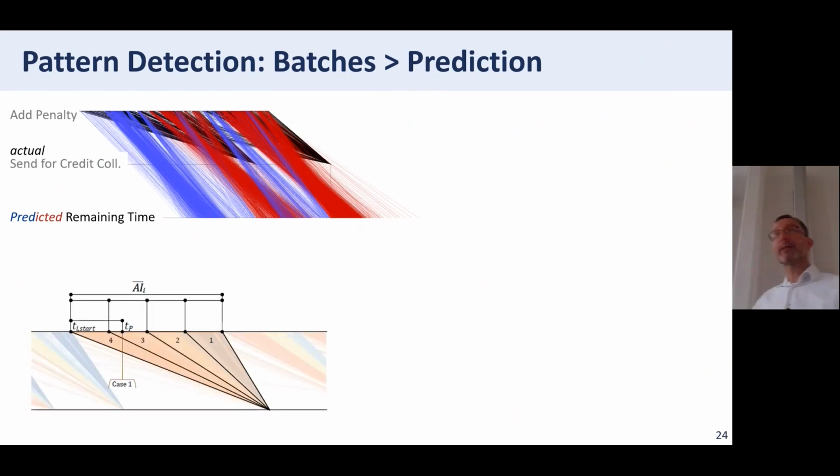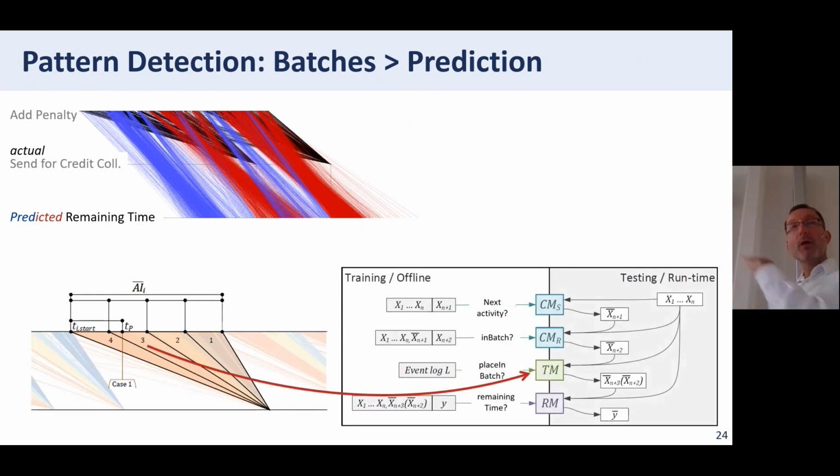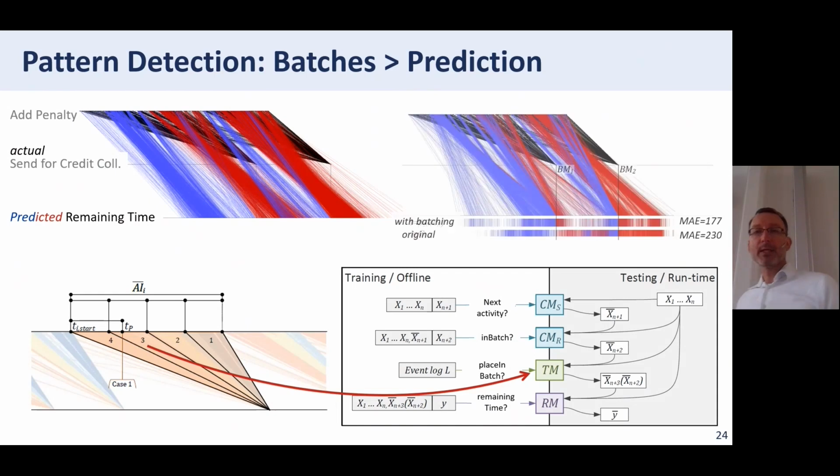So what you can do is identify these batches, then, what's a bit more difficult, locate in which part of the batch a case is, so you can estimate how much time it's going to be until it reaches the batching point. And if you add this into a longer feature extraction pipeline for a remaining time predictor, then what you get is that things improve.